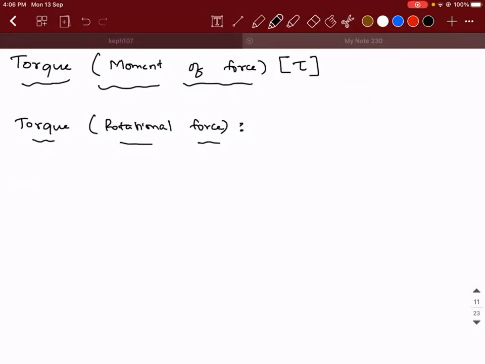Similarly, if an object has to rotate, then we need to apply torque across it. So how is torque defined? Torque is defined as the force into perpendicular distance. Force applied multiplied with the perpendicular distance is what we call torque.